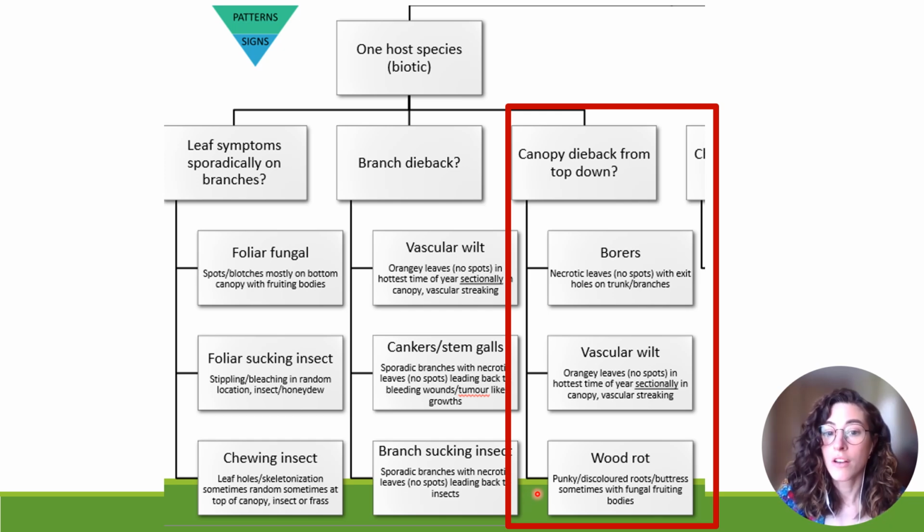For example, finding punky, discolored roots or in the buttress system is a symptom, or finding the sign, the fruiting body itself, is going to help you diagnose this wood rot. So it's not just about these overarching patterns. There's important information below that as well.